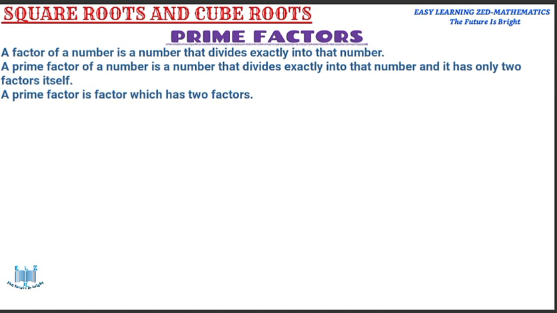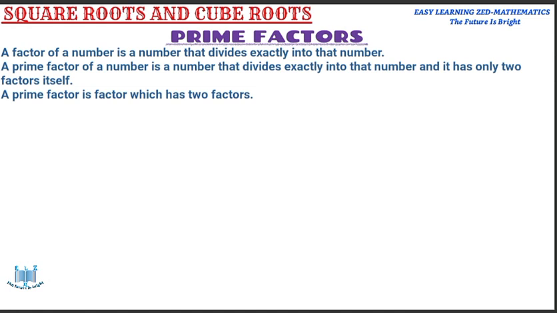Here we are talking about 2 numbers. There is a number and then there is another number. For instance, I've got 4, like I said earlier on. Then I have also 2. 2 is a factor of 4. 2 can go into 4 without leaving a remainder.